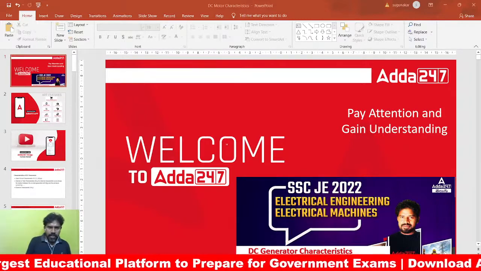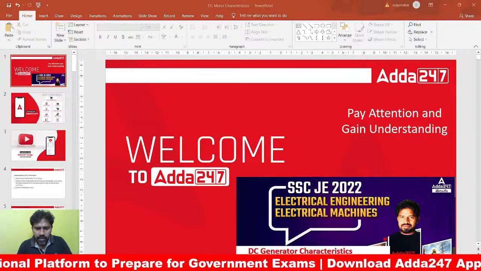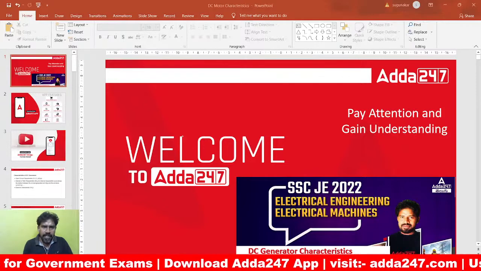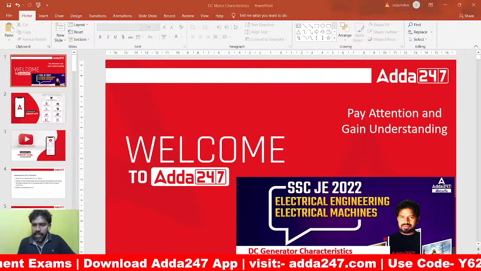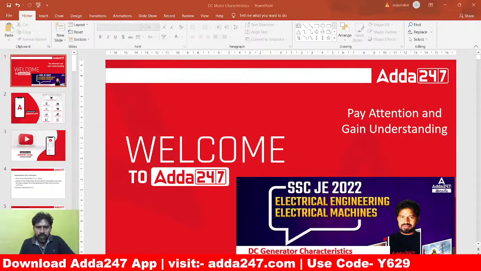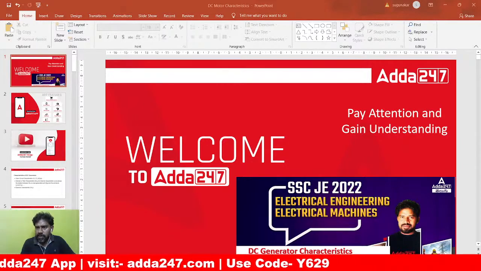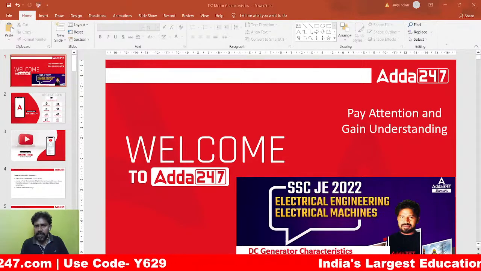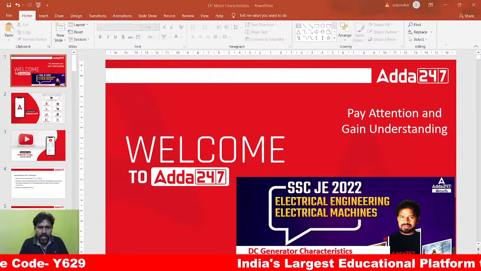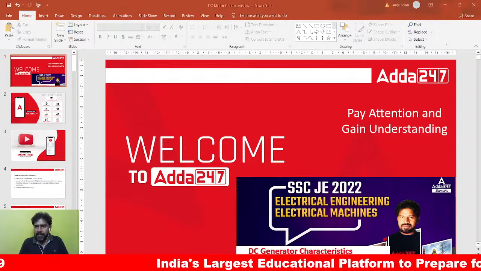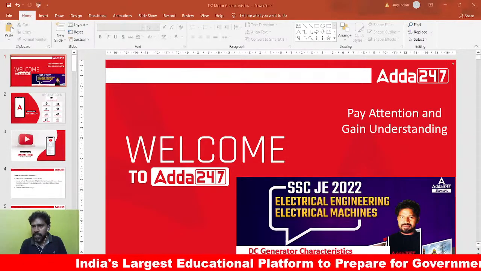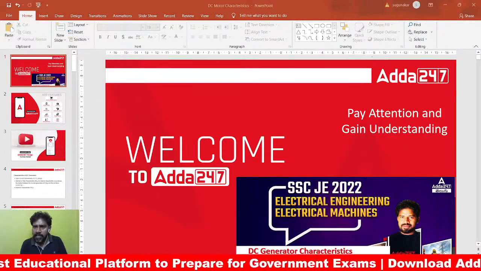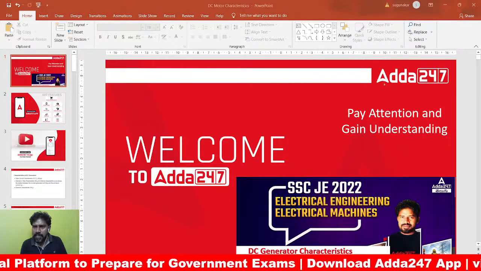Next, coming to the internal characteristics. The internal characteristics is going to draw EG and IL, for load current. We are going to talk about the DC series generator. Here, load current is equal to series field winding current is equal to armature current.